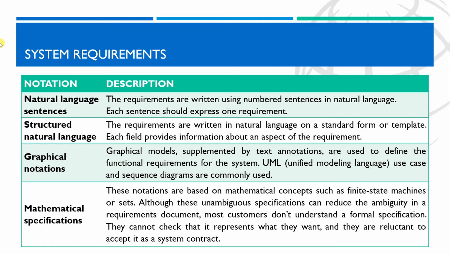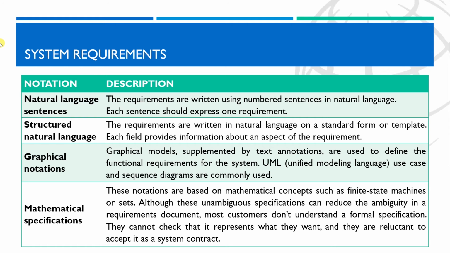The graphical notations are graphical models supplemented by text annotations and are used to define the functional requirements for the system. The UML, or Unified Modeling Language, use case and sequence diagrams are commonly used.